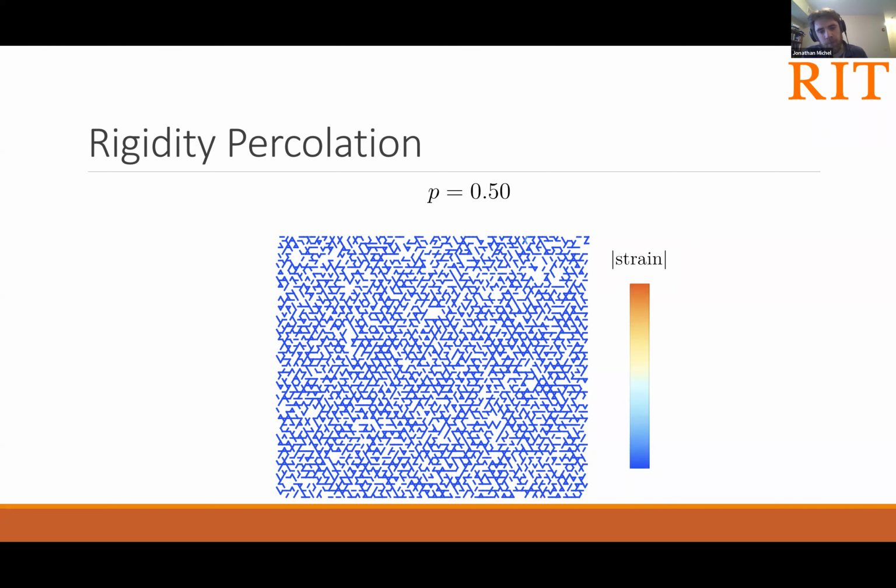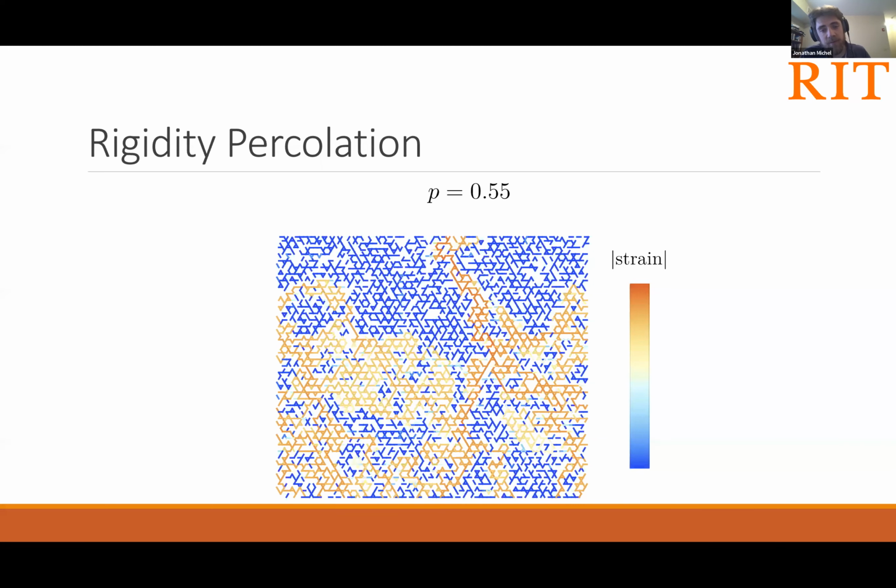With just these ingredients so far, if I subject one of these model networks to a small shear, well, if I only retain 50% of the bonds, essentially the network can respond to that applied shear without any of the individual bonds having to bend or stretch or compress. The strain that any particular bond takes up in this network is negligibly small, and this small shear deformation will cost me negligibly little energy.